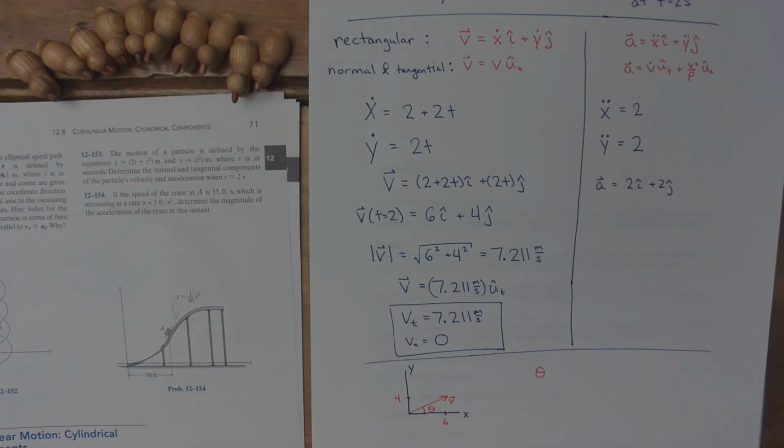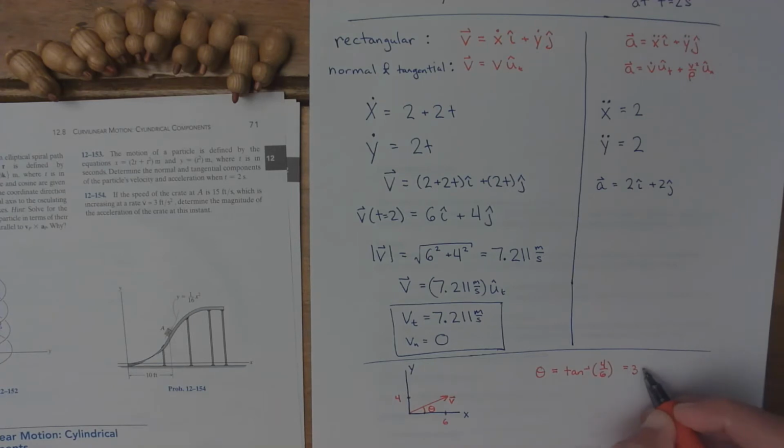So that's for the velocity, and I can find the angle theta by doing the inverse tangent of the y component divided by the x component, so the inverse tangent of 4 over 6 gives me 33.69 degrees.